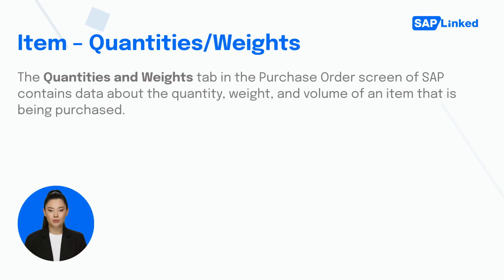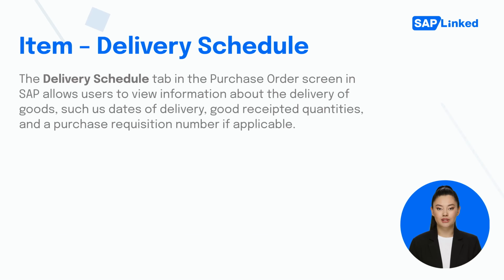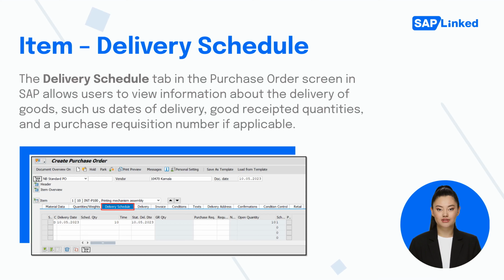The Quantities and Weights tab contains data about the quantity, weight, and volume of an item that is being purchased. The Delivery Schedule tab allows users to view information about the delivery of goods, such as dates of delivery, goods receipted quantities, and a purchase requisition number if applicable.